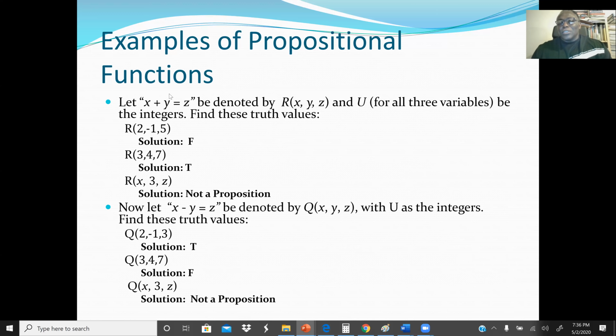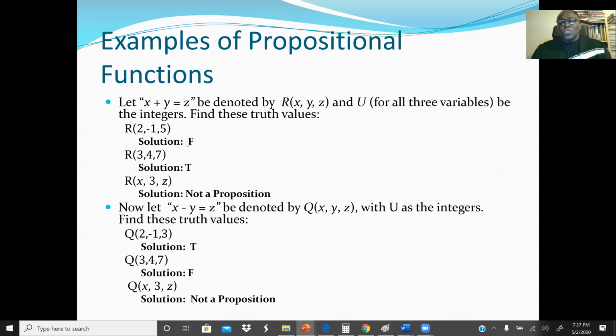Now we have this statement and we want to know if it's true or false. I have R(2, -1, 5). Remember, R is at x, y, z, and the condition is x plus y is z. So 2 plus -1 is not 5, that's false.